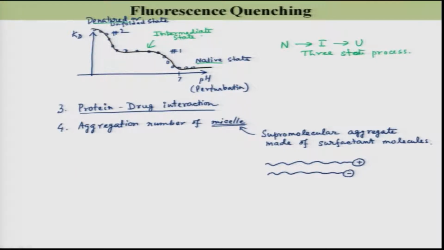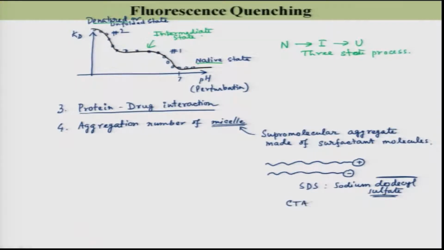This is a charged head group. The famous surfactant is SDS, sodium dodecyl sulfate. You see this sulfate, this is a negatively charged head group, and dodecyl, this is my alkyl chain, right.